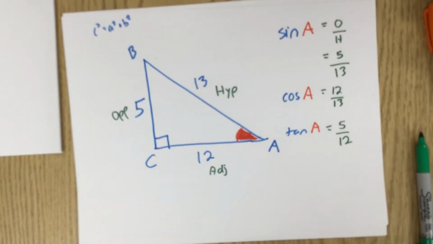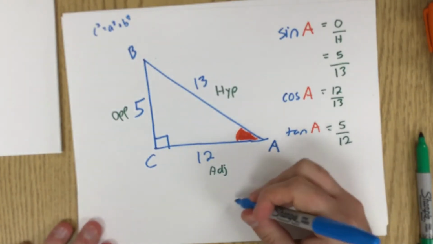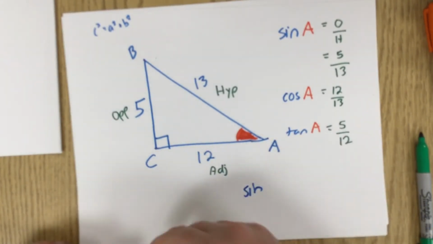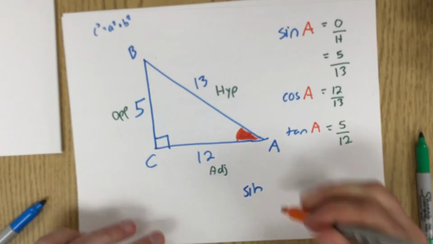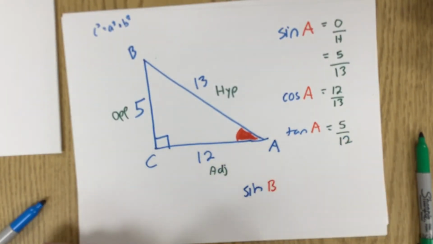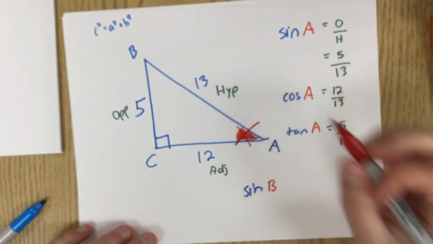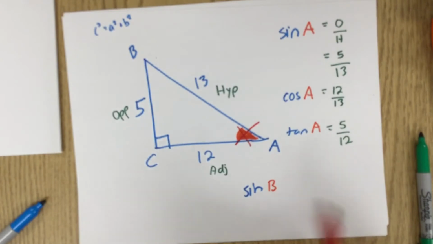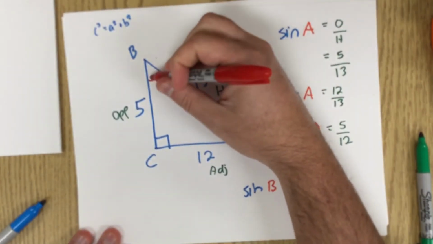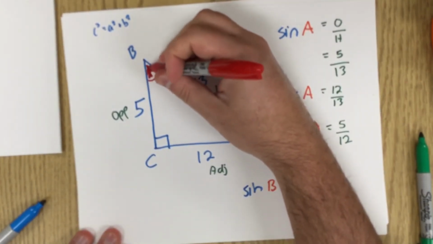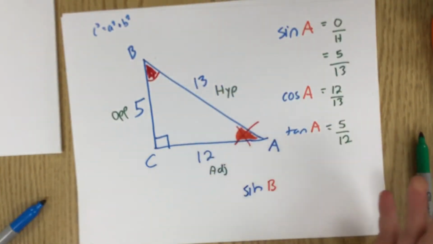Now let's say I then asked, what is the sine of B? Since I said sine of B, that's no longer our angle. We've chosen a different angle. So now this becomes our angle, B is our special angle, and that changes some things.